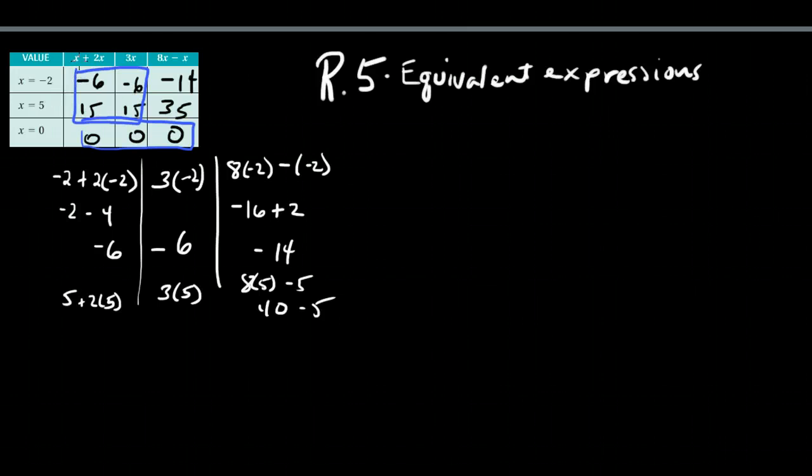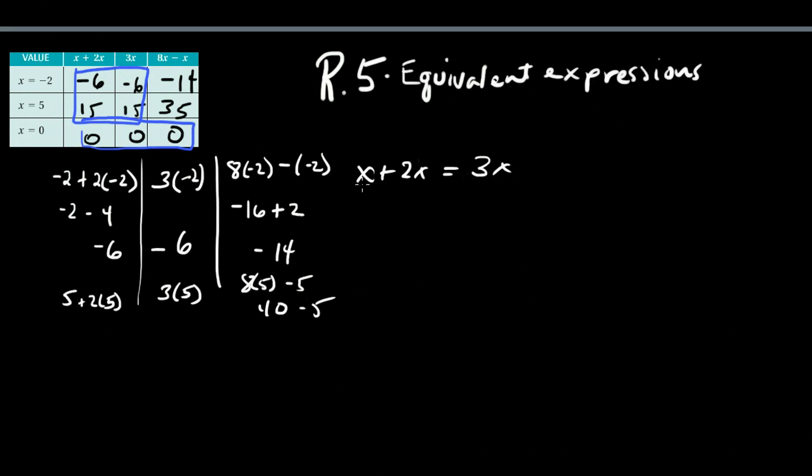So we can deduce from this that the evidence shows that the quantity x plus 2x appears to be equivalent with the quantity 3x.